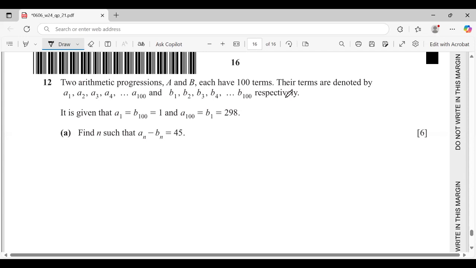All right. In this question, there are two sequences, sequence A and sequence B. Let's check one by one.